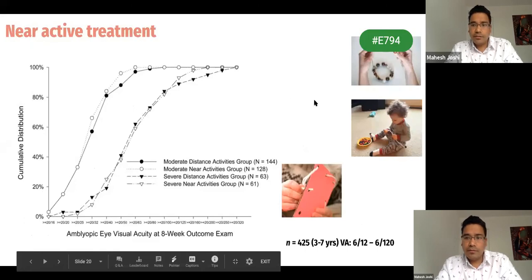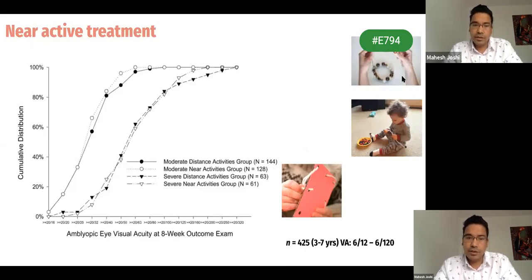Another area of treatment that clinicians mostly prescribe for amblyopia is, in addition to doing your patching and your refractive correction, some clinicians want the child to do near activities, right? Near activities meaning some coloring stuff and some kind of concentrated near activities like this that are shown in the images. The amblyopia treatment study also looked at this.